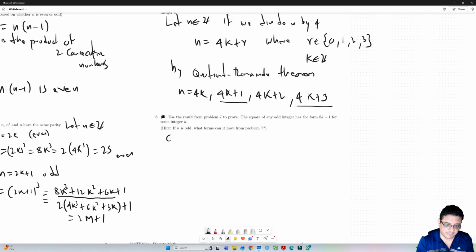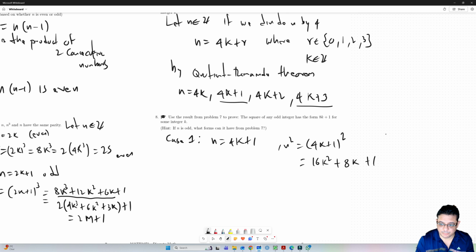So there's 2 cases. Case 1, n is 4k plus 1. And so in that case, n squared is just going to be 4k plus 1 squared, which is going to be 16k squared plus 8k plus 1.